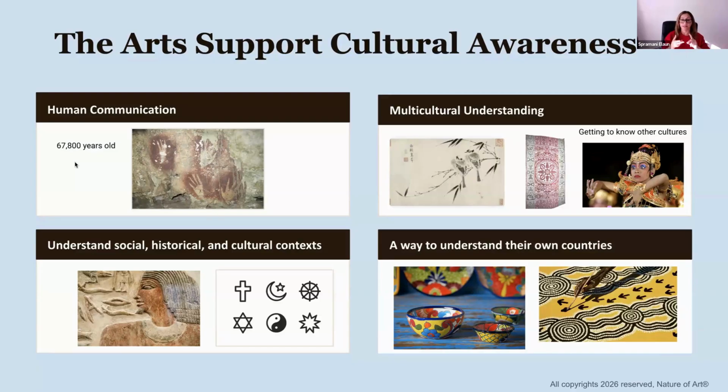I see color and shape and lines and texture. So humans were already speaking to each other using art. Human communication has gone back thousands and thousands of years in several continents and all kinds of different nationalities.